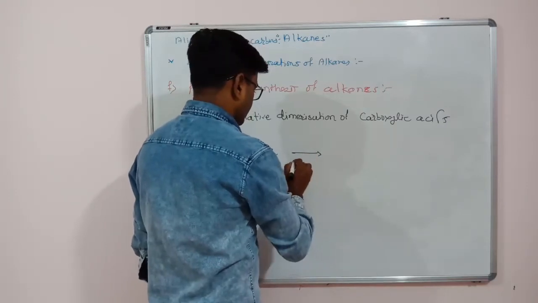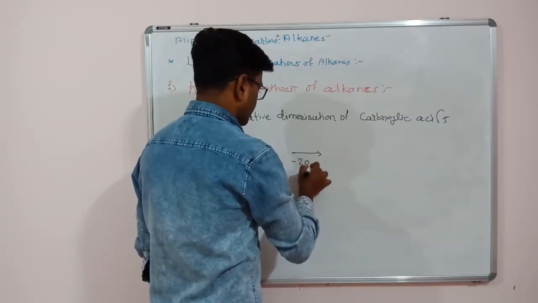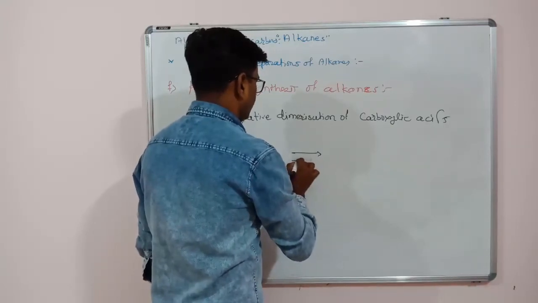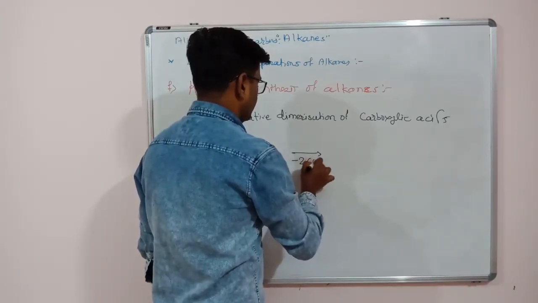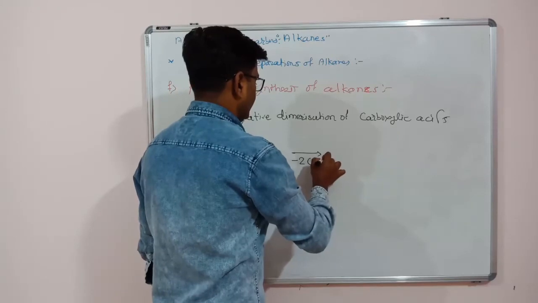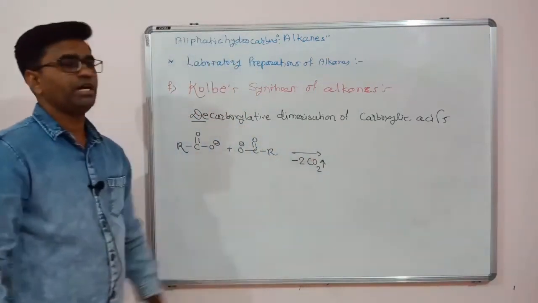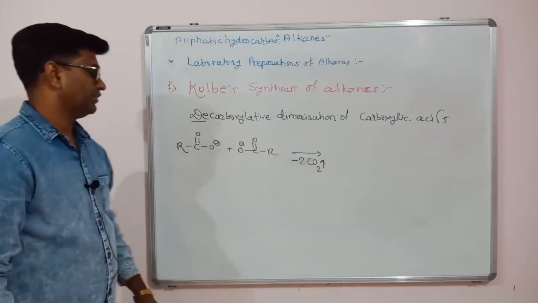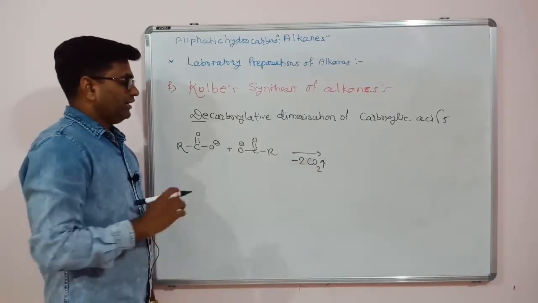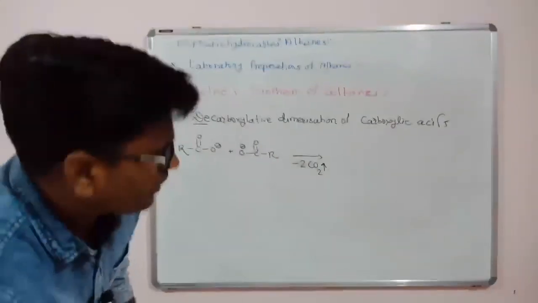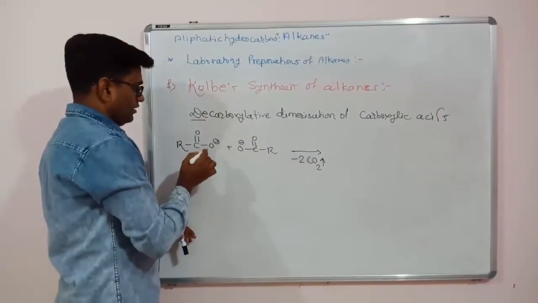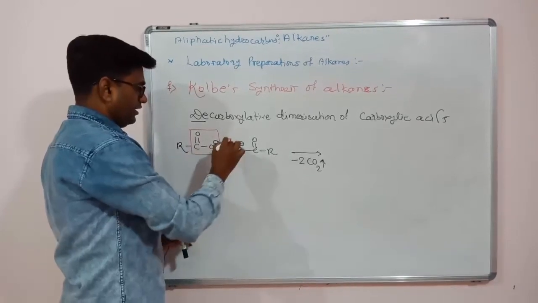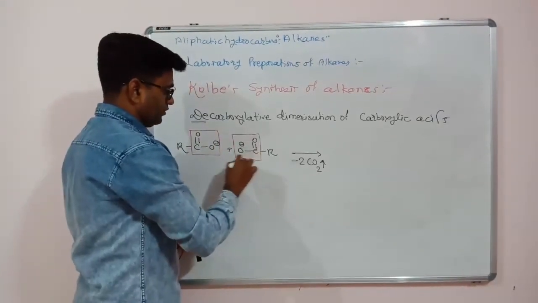So in this case, two molecules of CO2 will leave. Minus means byproduct, so you can write the minus sign there or here, no problem. Which are those CO2s? So these are those CO2s, this one is CO2 and this one is CO2.